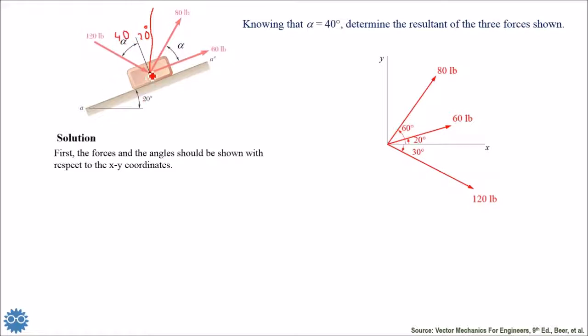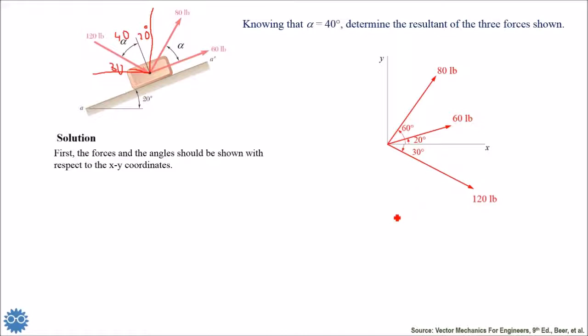And this is a horizontal line. So the angle with the horizontal direction is 30, because the sum should be 90. So this is 60. So 90 minus 60 is 30. So the angle between the force of 120 pounds and the horizontal direction is 30 degrees. So this is the way we obtain the three angles.